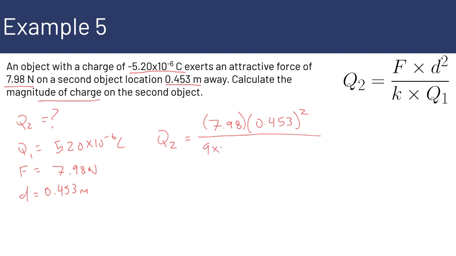We have 9 times 10 to the 9th, that's K. And then our Q1 is 5.2 times 10 to the minus 6. Multiply all that together, do the division, and we end up with Q2 equals 3.5 times 10 to the minus 5th coulombs. So the charge on the second object is 3.5 times 10 to the minus 5 coulombs.